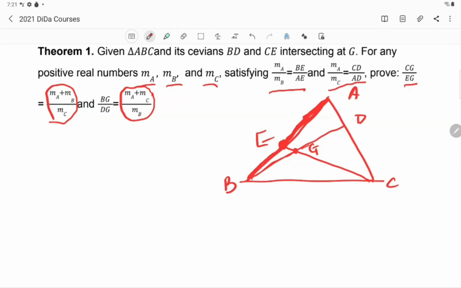Now, please note that I didn't say anything about masses. I wanted to make it a pure mathematical formulation. Of course, after the proof, I will explain how it's tied to what we just went through, or to physics.